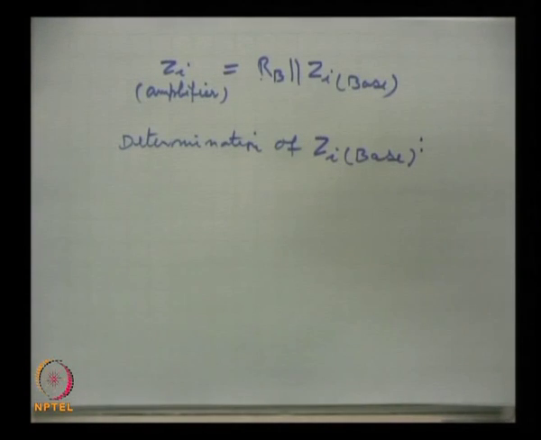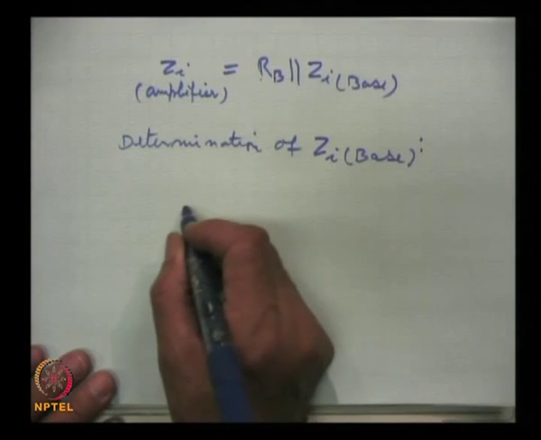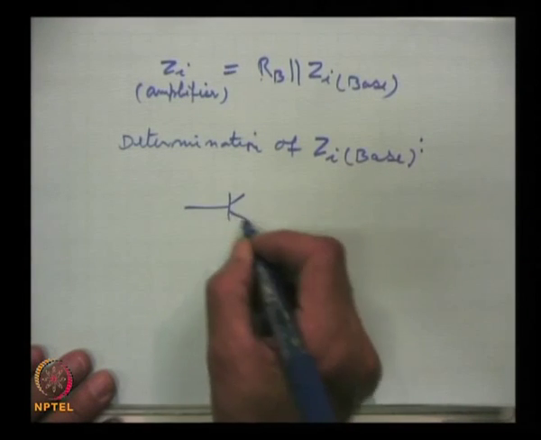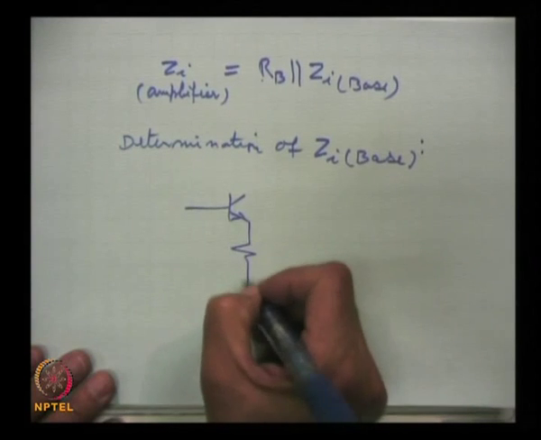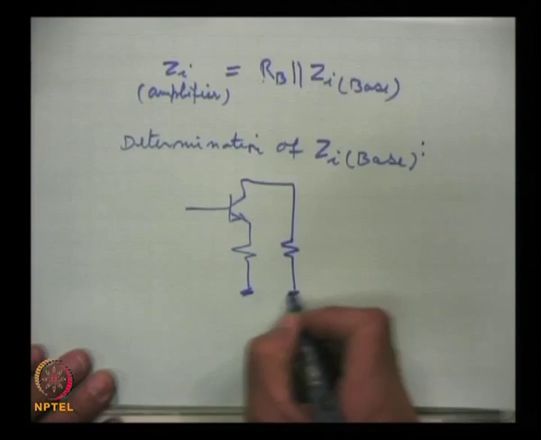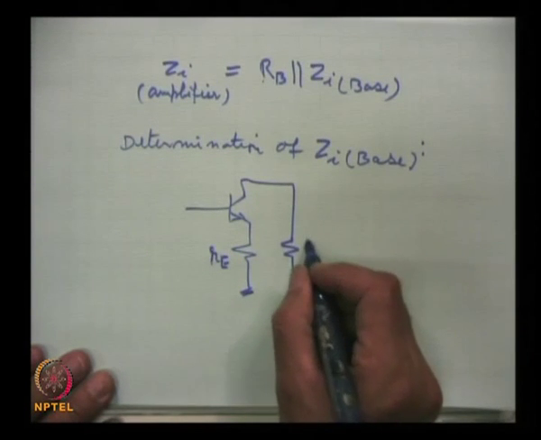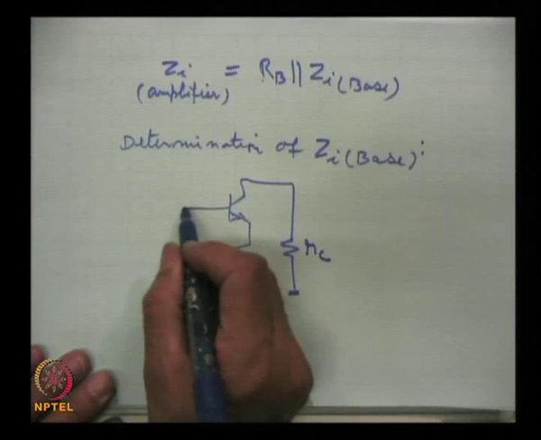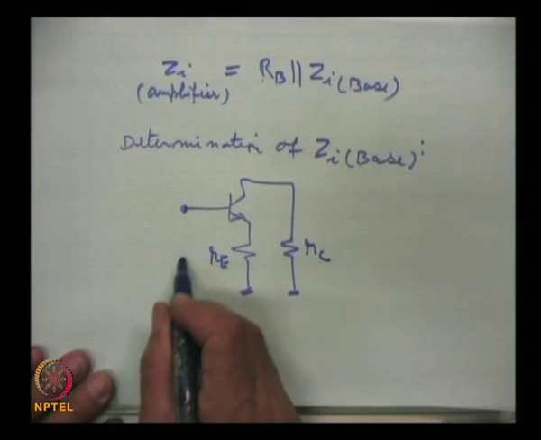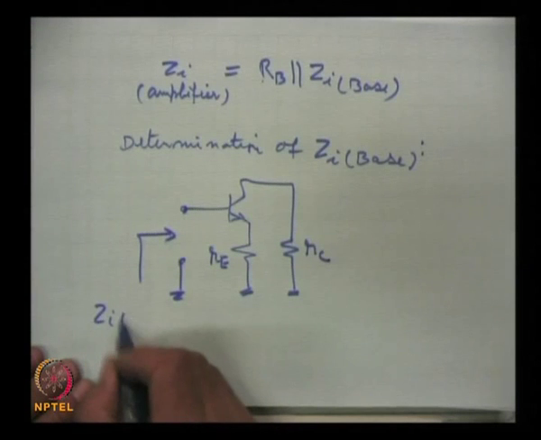Now, our circuit is basically this. This is R E and this is R C, and we are finding the value Z I base.